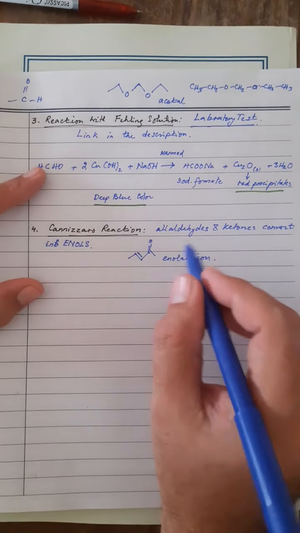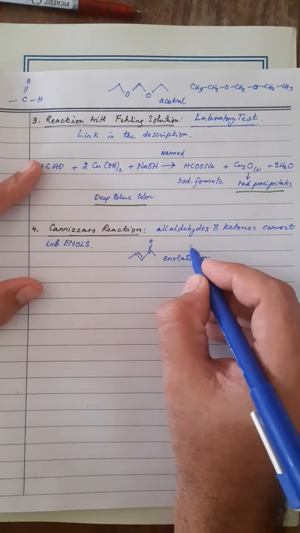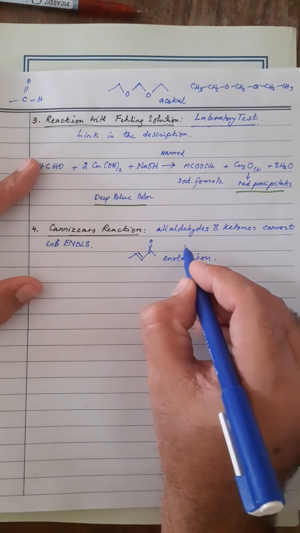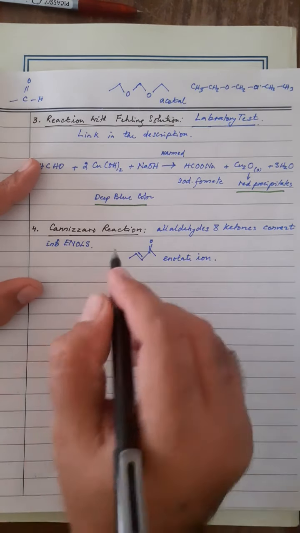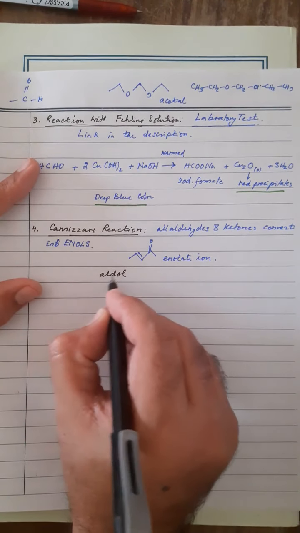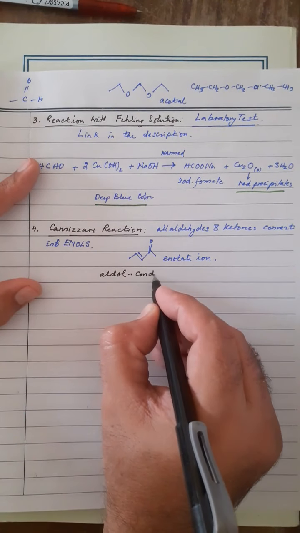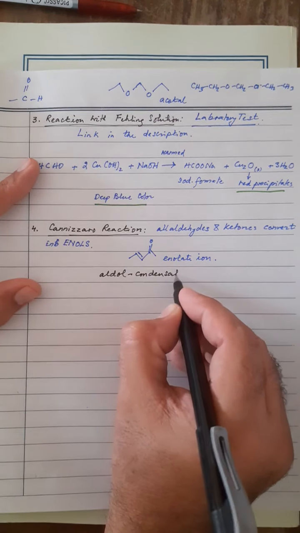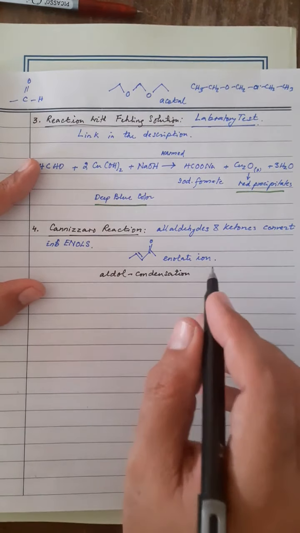The process of conversion of aldehydes and ketones into enols is called aldol condensation. All right? Aldol condensation. Removal of water, so condensation. So basically, what is aldol condensation?